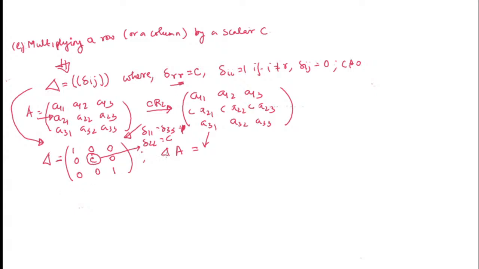In that case, if you pre-multiply A by delta, then you get this matrix.